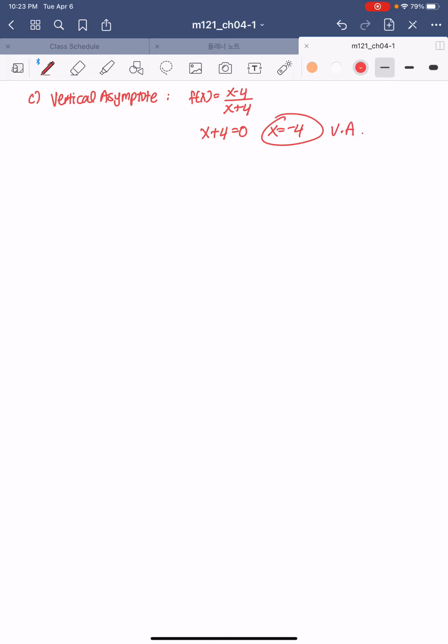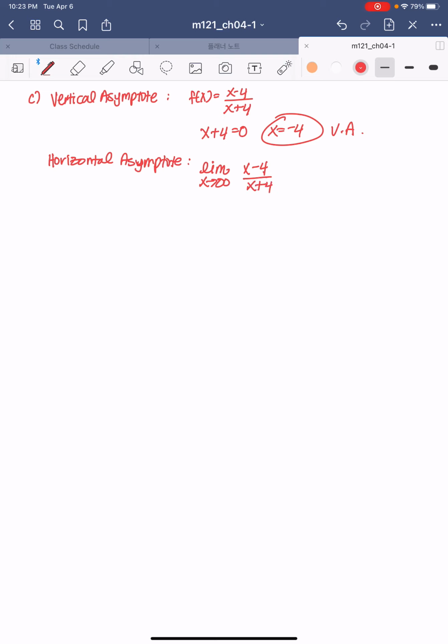Okay. And then the horizontal asymptote is the limit as x approaches infinity of our function, (x minus 4) over (x plus 4).